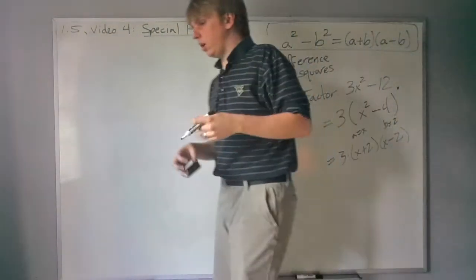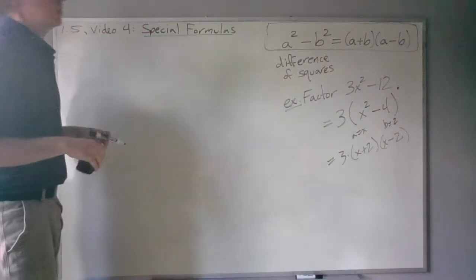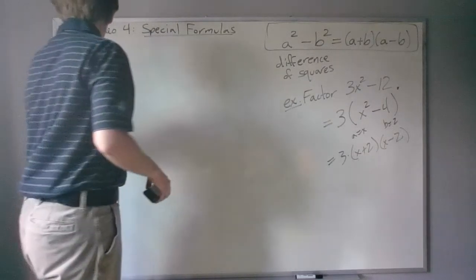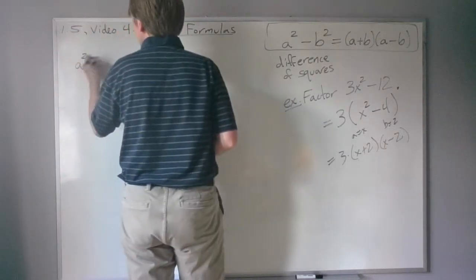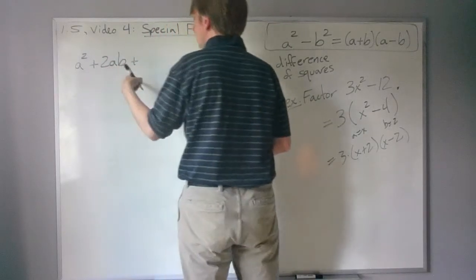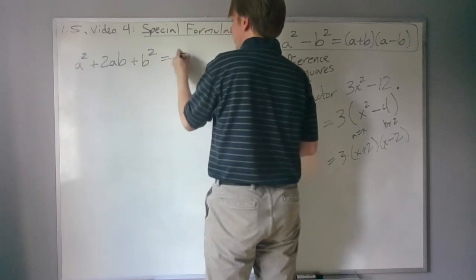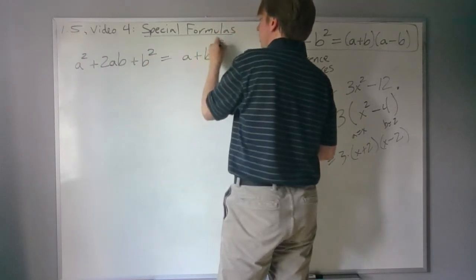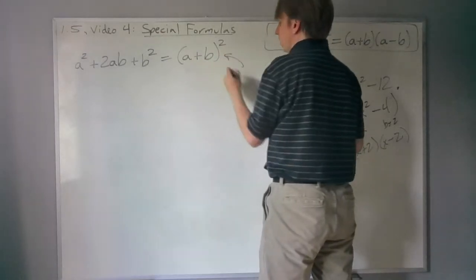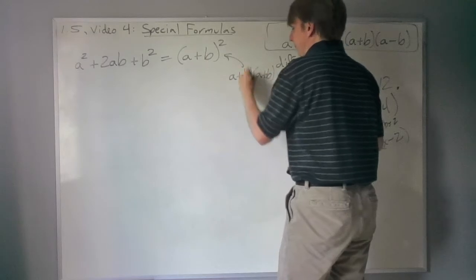The other ones I'm going to talk about, sometimes they're useful, not really the end of the world if you forget them though. So the next formula I want to talk about is if you have a squared plus 2 times a times b plus b squared, that ends up being the same as a plus b times itself. So keep in mind that a plus b squared in this case means a plus b times a plus b.